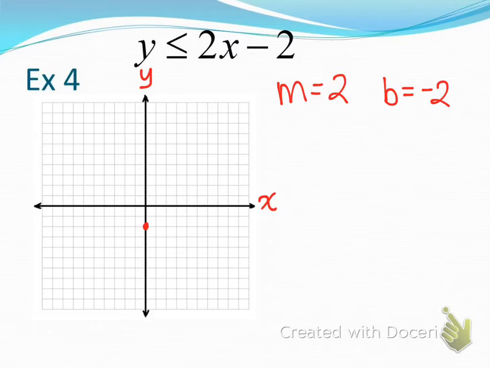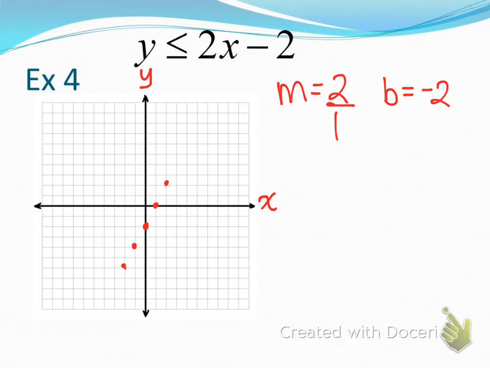Keon, where do I go from there? Very good. We use our slope, 2. We can put that 2 over a 1. So we go up 2, right 1, or we could go down 2, left 1.